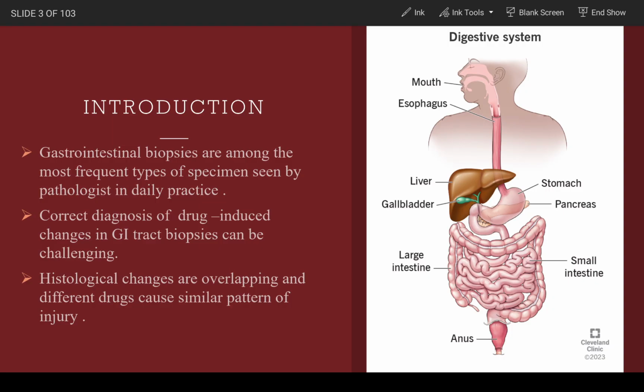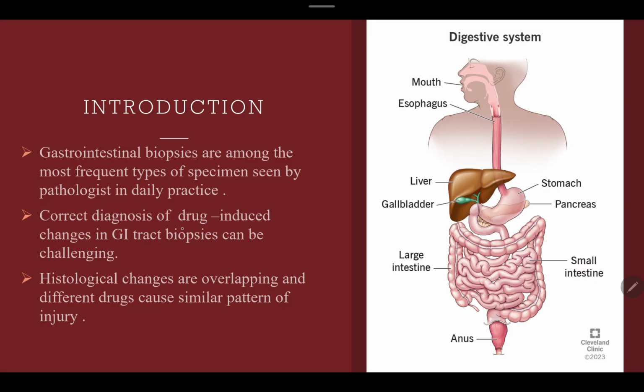We should be able to diagnose the different conditions: ulcerative colitis, IBD, Crohn's disease, carcinomas. We should also know the correct diagnosis of the changes that are induced by drugs. So mainly we will be dealing with drug-induced changes in GI biopsies.